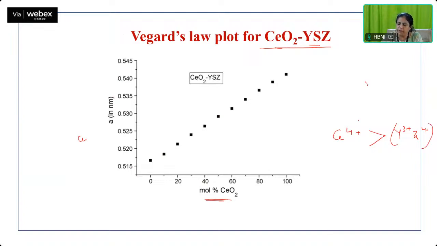Obviously, I'm plotting with respect to ceria. The cerium ion is bigger, and when you put in a smaller ion, you are expecting that the lattice parameter would decrease. And this is what I observe, a change in the lattice parameter. If I had plotted it with mole percent of YSZ, then I would have observed this.